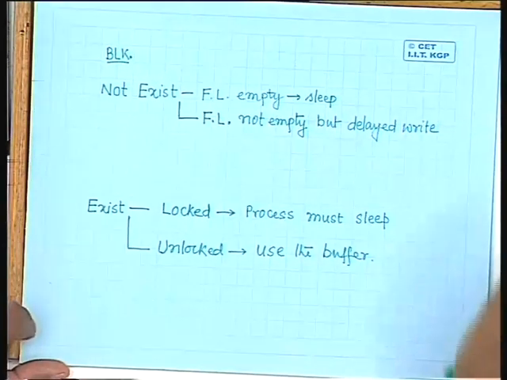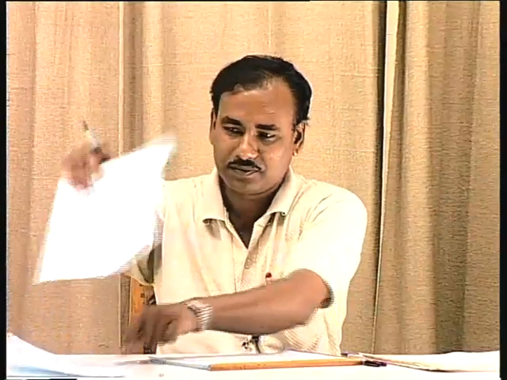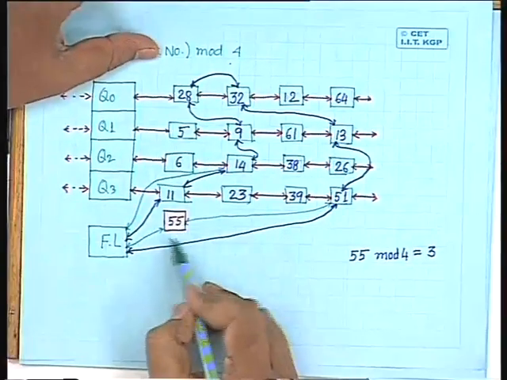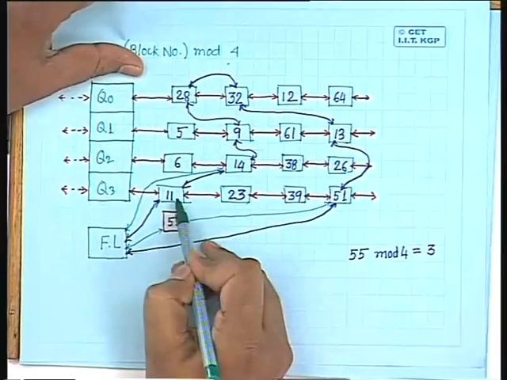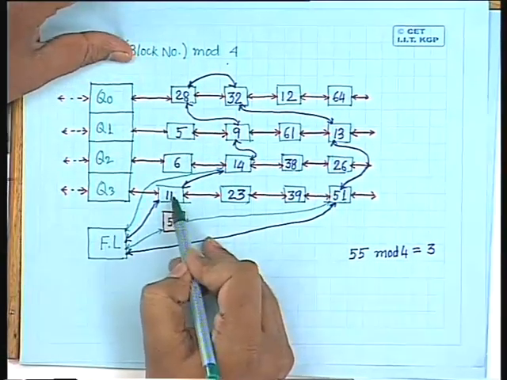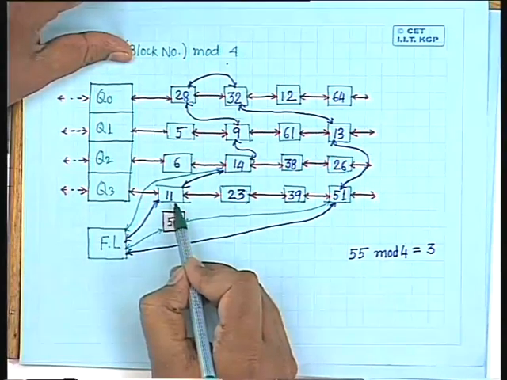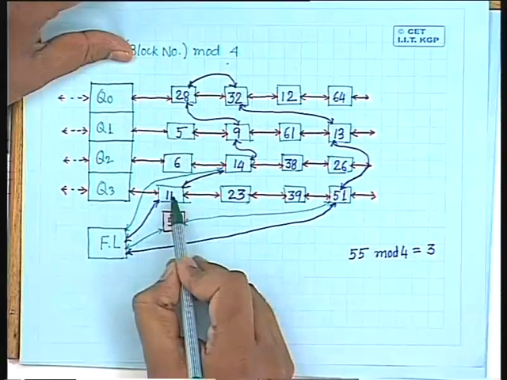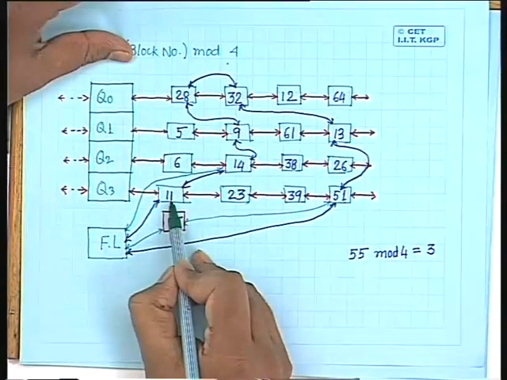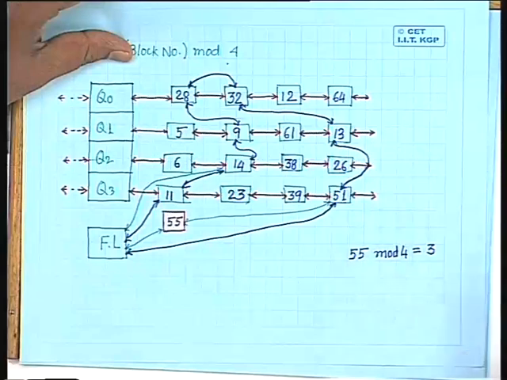So in this particular case, while loading block number 55, we take block number 11 from the free list, because block number 11 is at the head of the free list. And we find that block number 11 is marked as delayed write. So we simply initiate writing the content of this buffer into block number 11 on the secondary storage, on the disk.